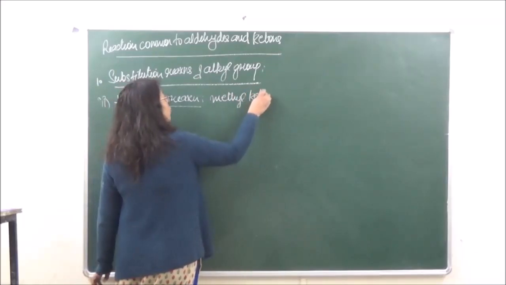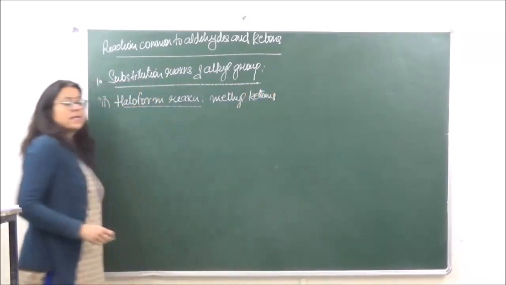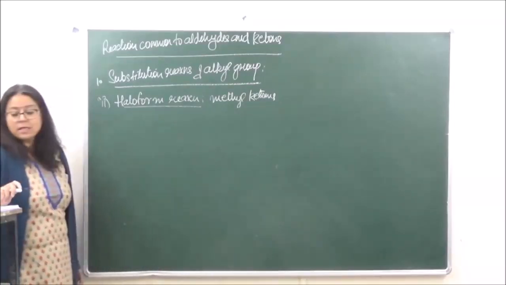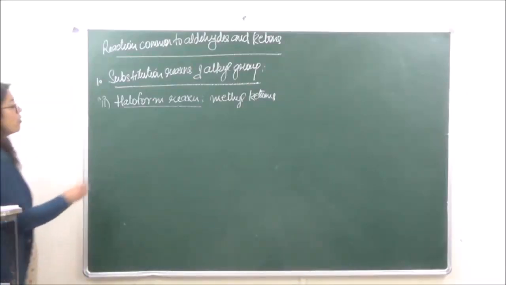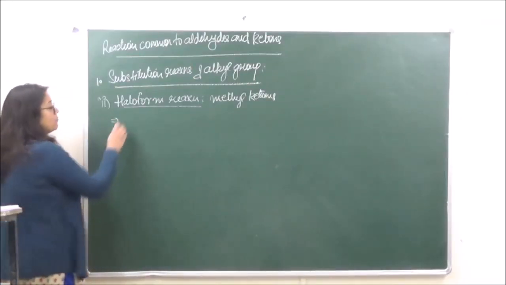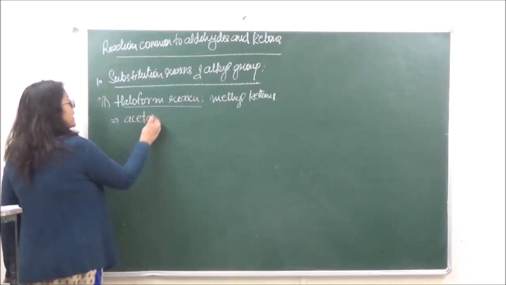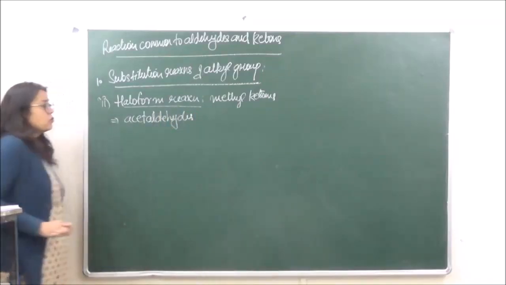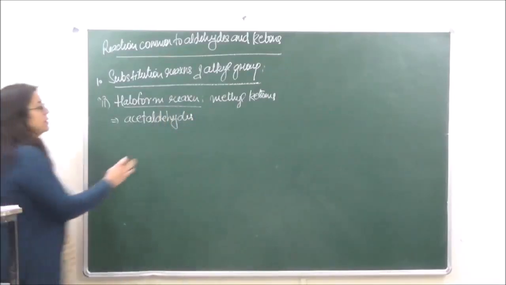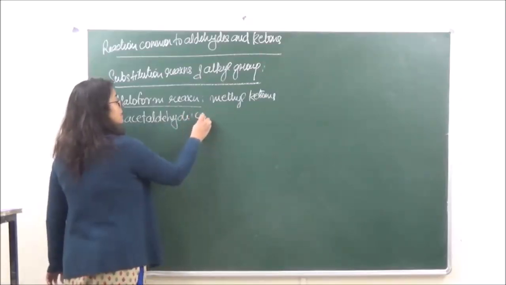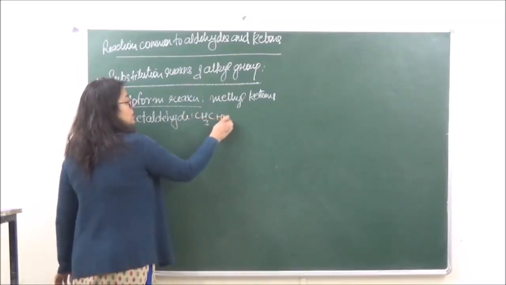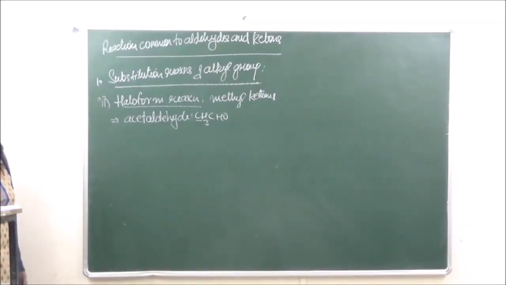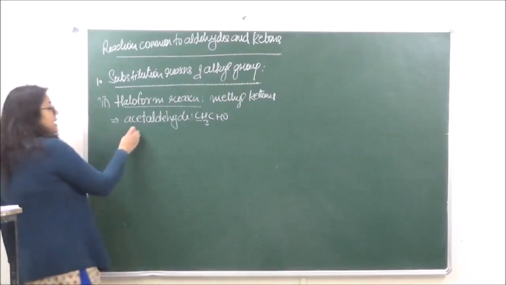By methyl ketones we mean that with C double bond O there should be one CH3 present. This type of reaction, the haloform reaction, can only be given by the following compounds. This is also taken as a test for methyl ketones. Apart from methyl ketones, acetaldehyde, CH3CHO, has a CH3 group attached to the carbonyl carbon atom, so it gives this test.